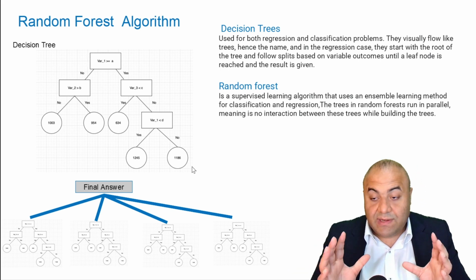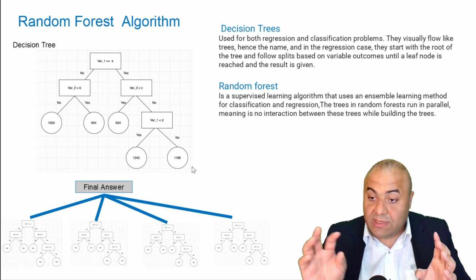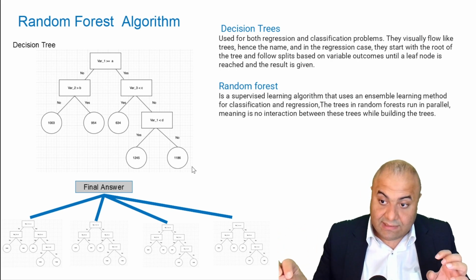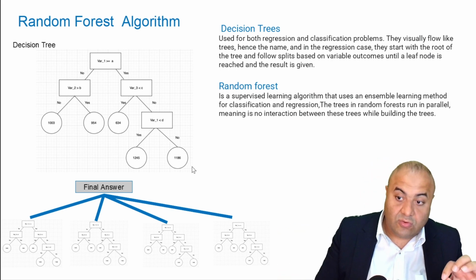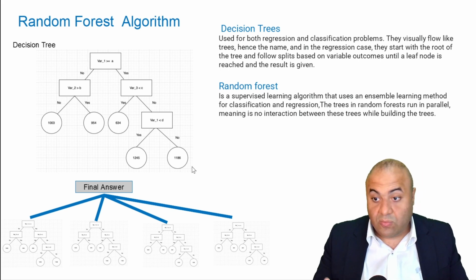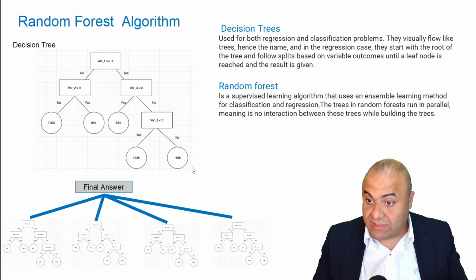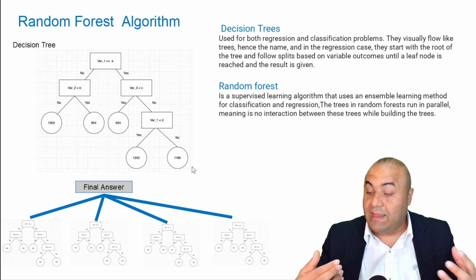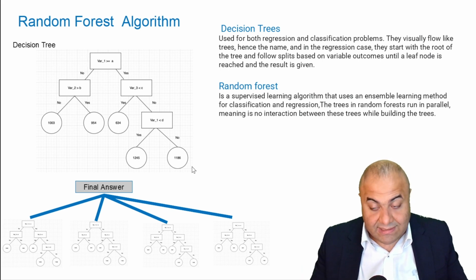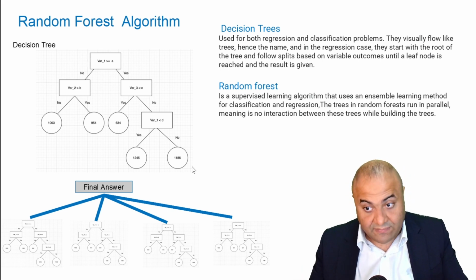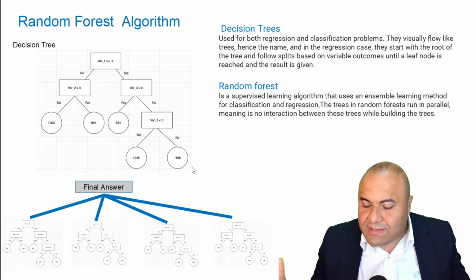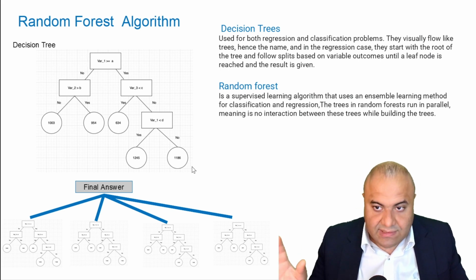So this is how the regression works. Of course, in classification, it will send us to classes. So this is going to be class 1, this is going to be class 2, and so on. So we're using features to build branches that will direct our data to specific classes, and in case of regression, to specific numbers. So this is a decision tree. This is just a decision tree.